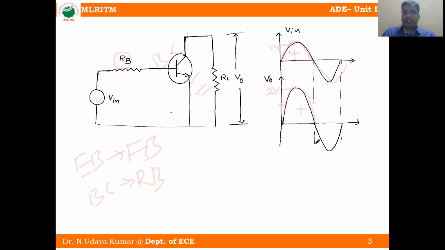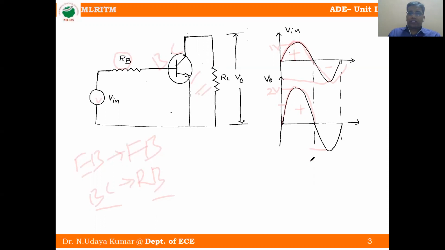What about the negative portion? In the second junction, the base-collector junction is reverse biased, and reverse bias means the transistor is off. That means there is no amplification. Whatever voltage is there on the input side, the same voltage will appear at the output because there is no amplification. So for that reason, we go for biasing.